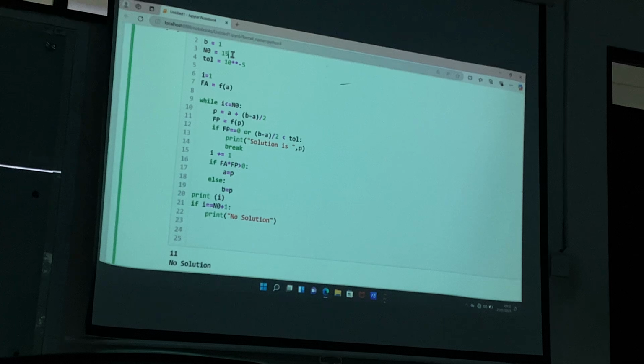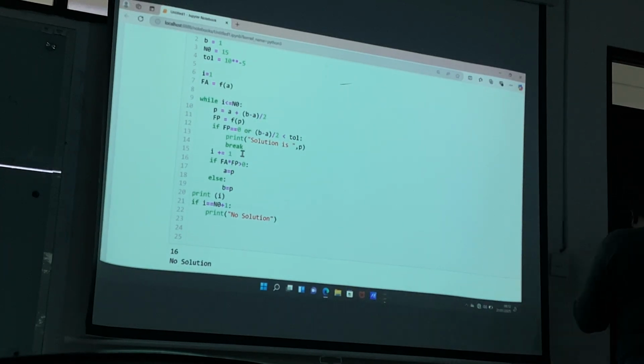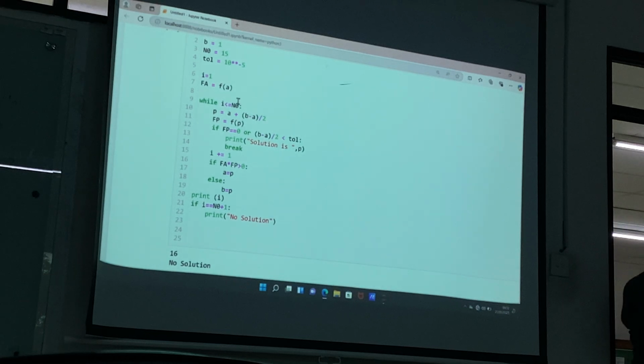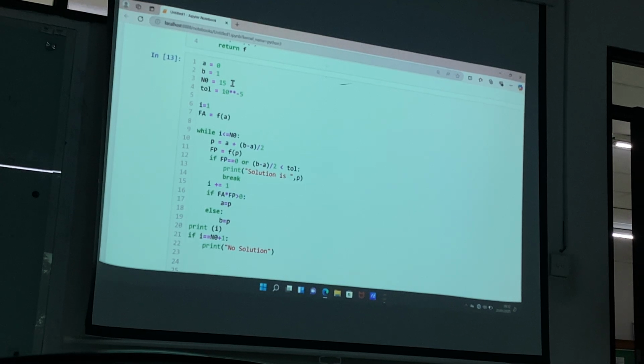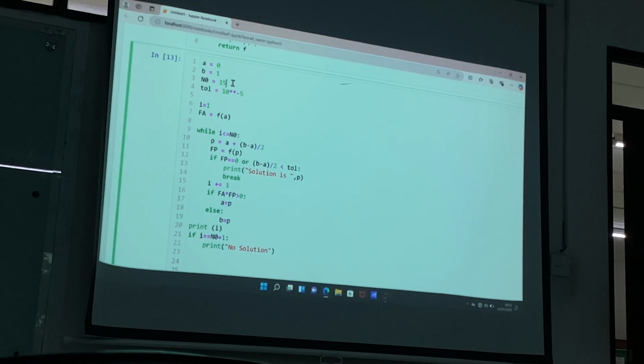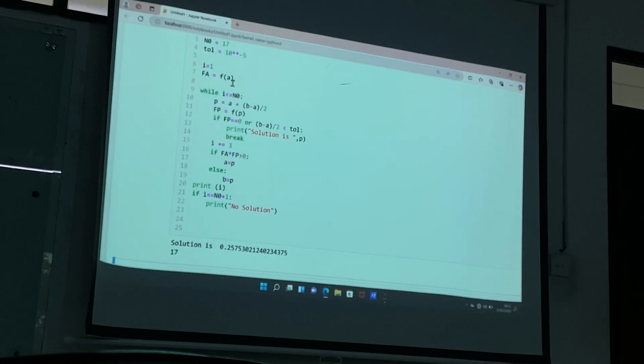If I set the iteration to 15, the answer will be the same, no solution. Unless I set up 17.